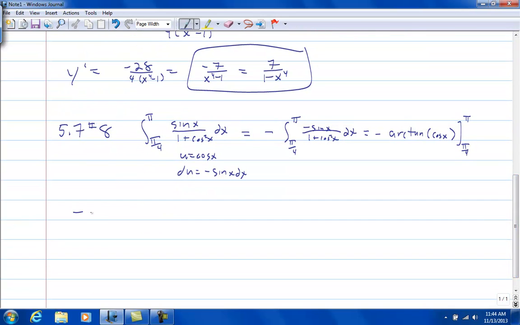So that's going to be the negative of arctangent of cosine of pi minus the negative of arctangent of cosine of pi over 4.